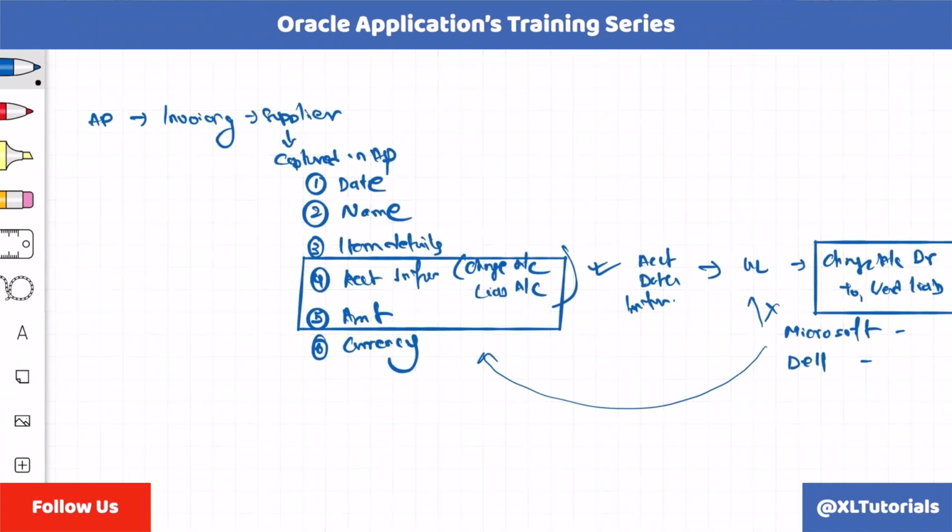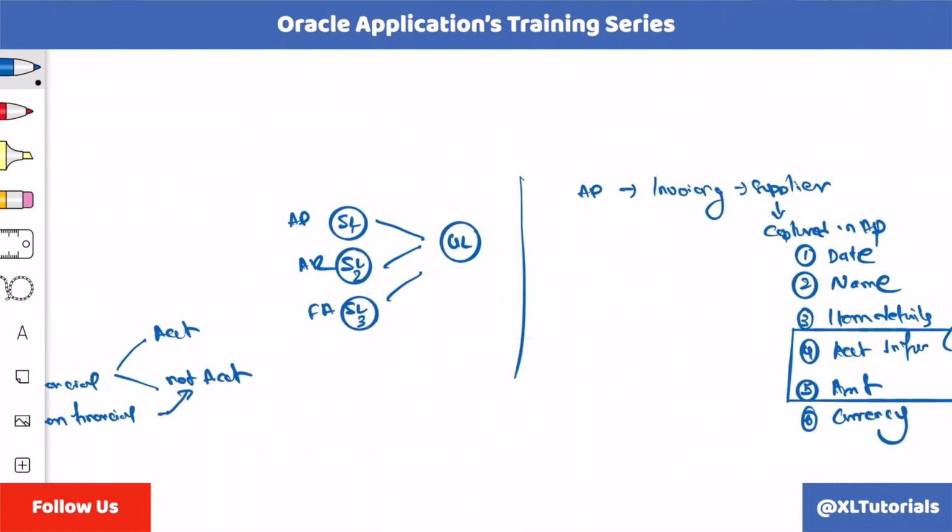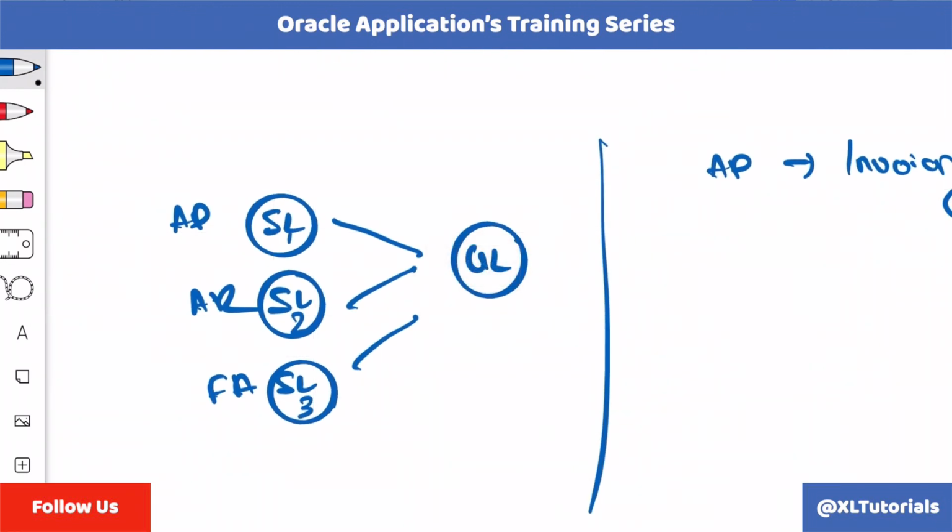So subledger captures the various transactions or financial events that are happening for a business function. It captures them in a given format, and then out of that information, the accounting information is sent to GL. If you look at this figure here, similar to AP, which I just took as an example, there are AR, FA, and hundreds of modules that send accounting data to GL, right?